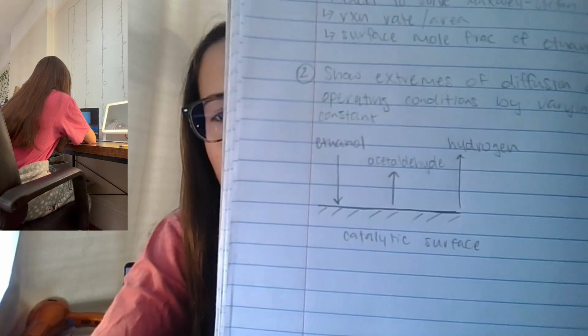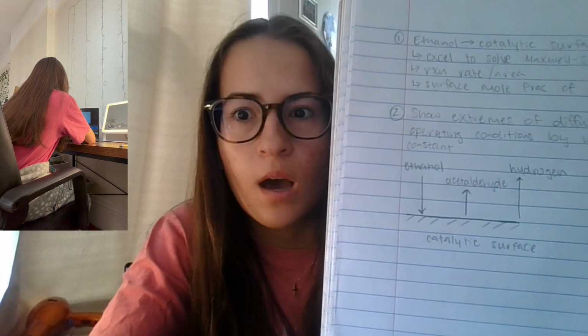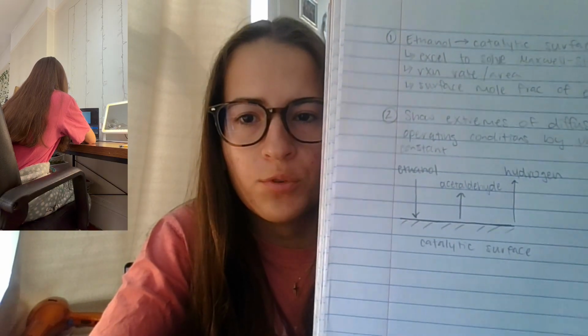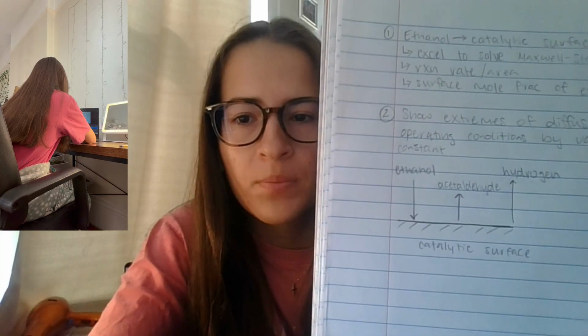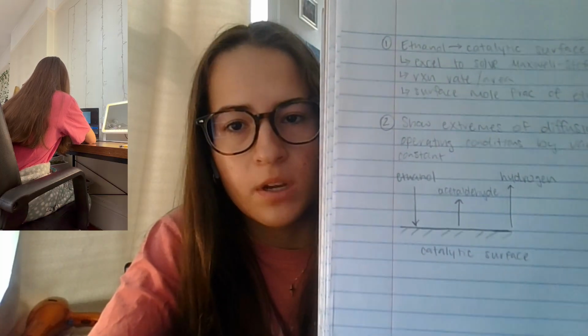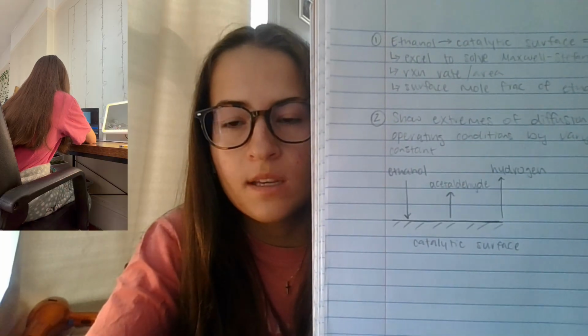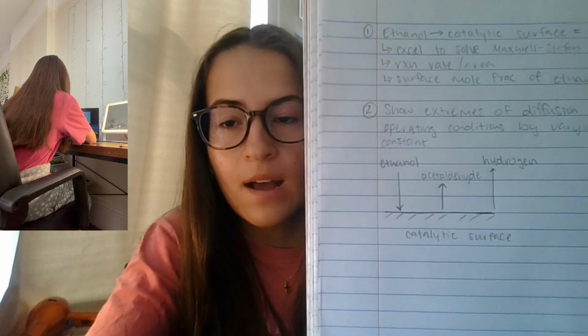I drew these arrows as varying lengths, not because one goes up farther than the other, but just so that I could write the full names out without them overlapping. This is our system: the catalytic surface with ethanol coming down, reacting, and then emitting acetaldehyde and hydrogen back up.